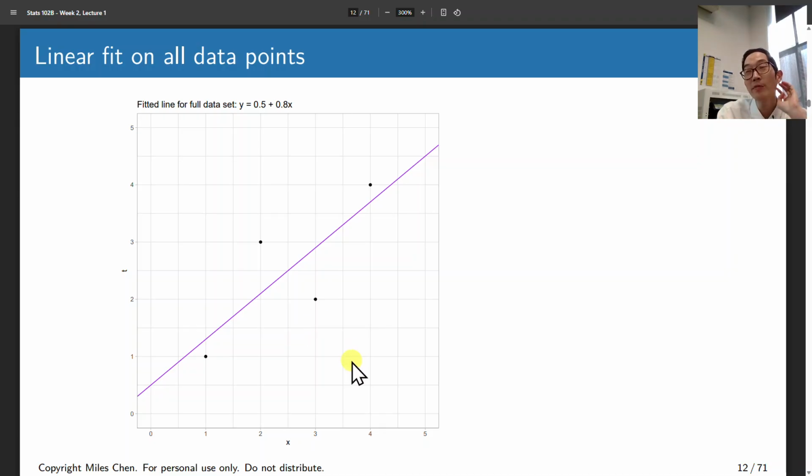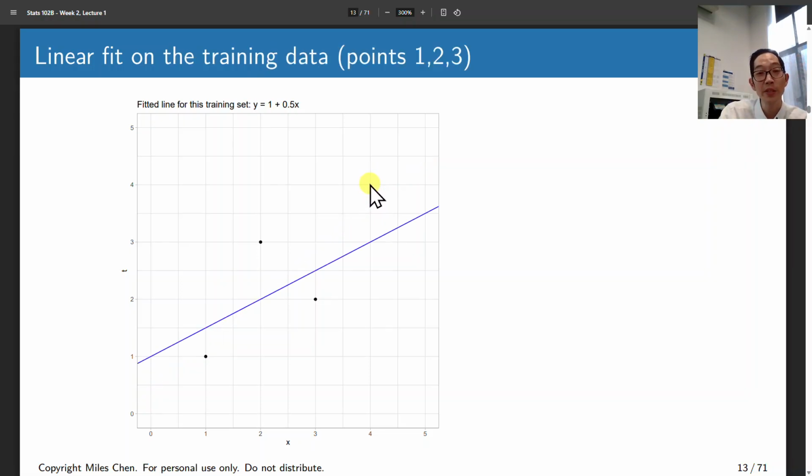But the way leave one out cross-validation is going to work is we take one observation. And I think for the first one, we're going to leave out observation number 4. So this one's going to go poof and disappear, okay? And so if you leave that 4th observation out, now you only have these 3 data points, okay? And then you're going to say, all right, let's fit a linear model.